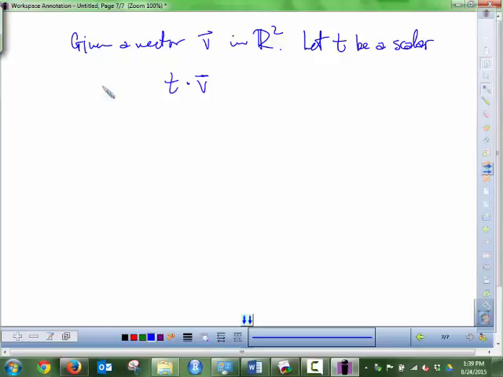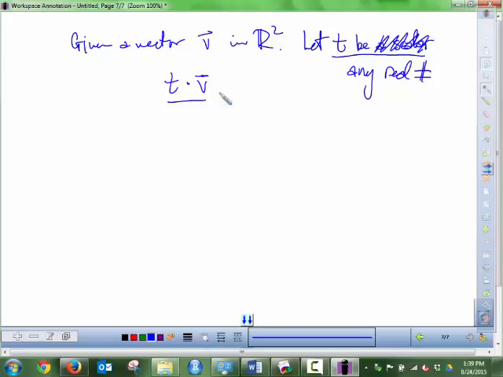In fact, if I consider t as a range of numbers, say going from negative infinity to positive infinity, what I would get here is a set of points. If I take a look at where the head of the vector lands, I would get a set of points that would be on this line.